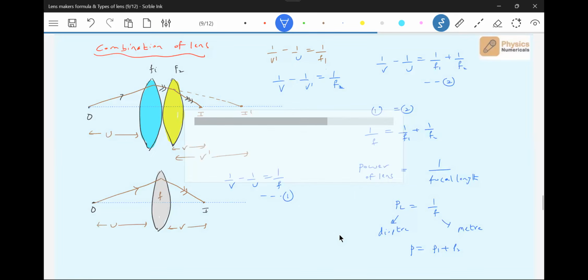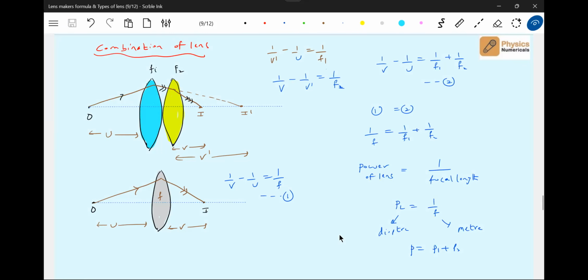For a converging lens, power will be positive. So what is the idea? P will be positive for a converging lens and negative for a diverging lens. This formula is applicable whether it's a converging or diverging lens. Any combination we can take help of this one.